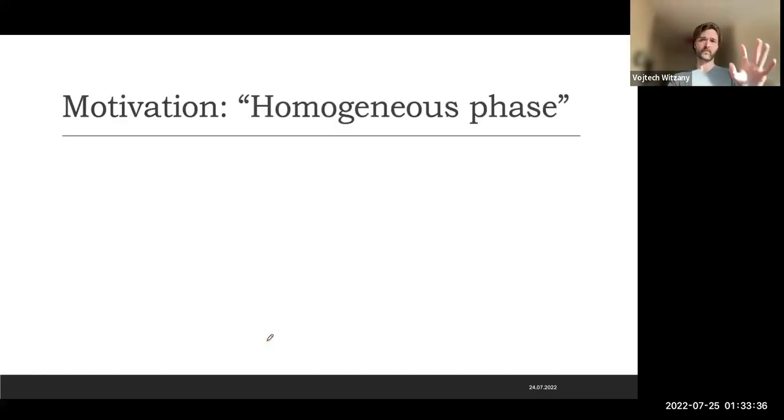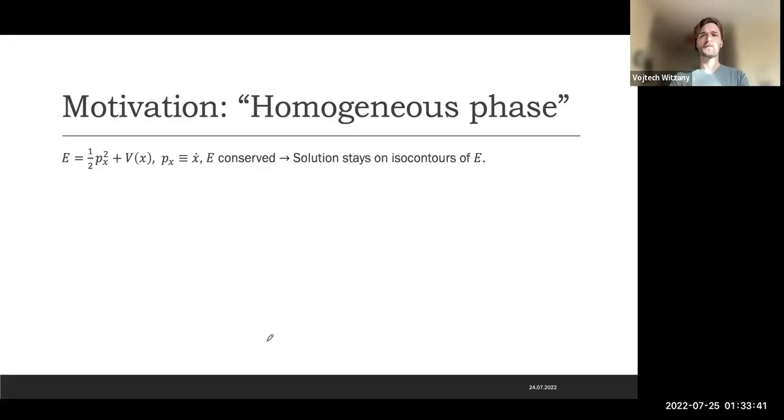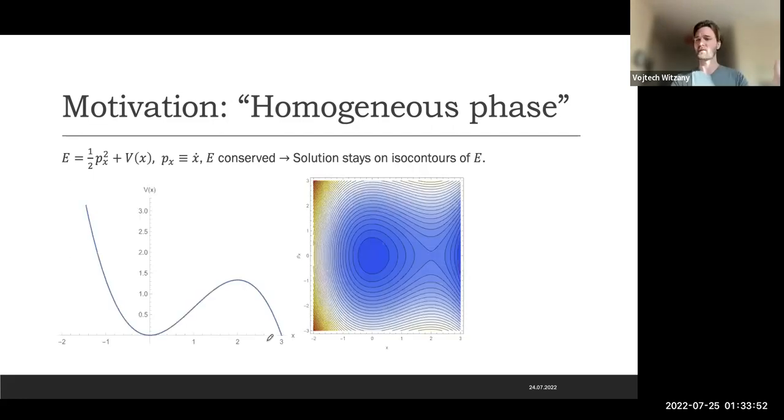Okay, so to motivate the angles and to give you a first idea of what they are, consider a particle in a one-dimensional potential, just a Newtonian particle, conservative motion. So you have a conserved energy and you stay on isocontours of energy in some potential. I chose a random potential here on the left. And let's say you move within this potential.